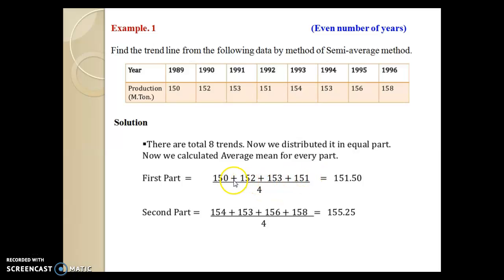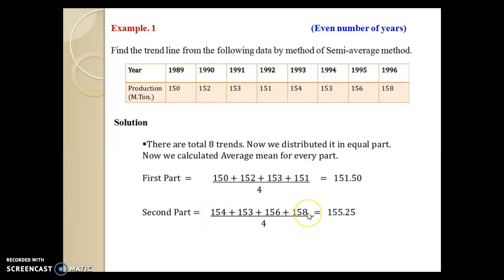It means the sum of all is 606. That divided by 4 is the arithmetic mean, 151. This is the one average mean.